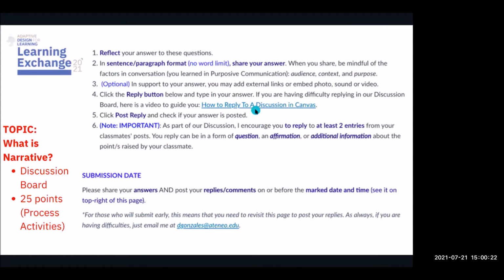I put some instructions just in case they have difficulty posting. And what I put as important for this discussion board is that they need to reply to at least two entries of their classmates in the form of affirmation, additional information, or even a question. So that's where the interaction of the students comes in. And I also reply once in a while, but I can't do all of them. It's overwhelming when there are many discussion boards.